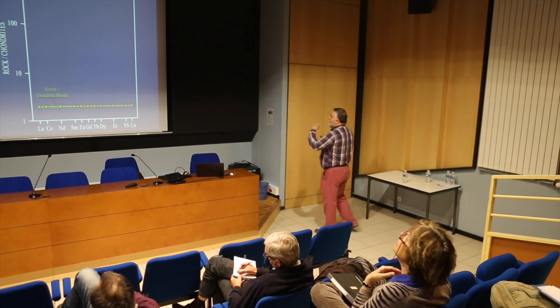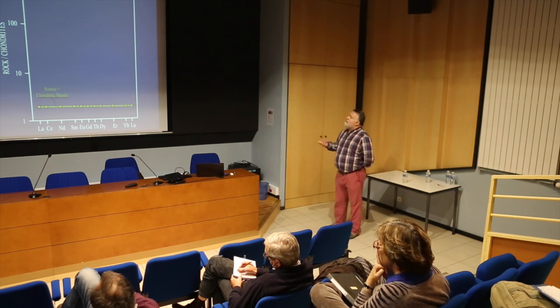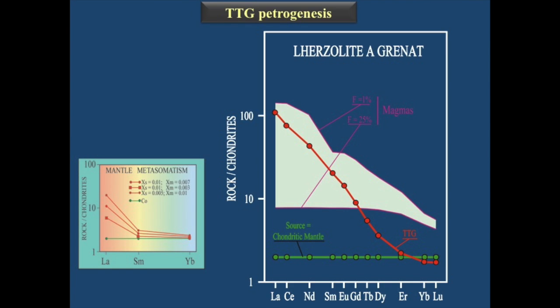Okay, so here is the geochemical modeling. We start with this composition, that is a chondritic mantle, and using melting equations, we will try to obtain this kind of liquid, that is a TTG.